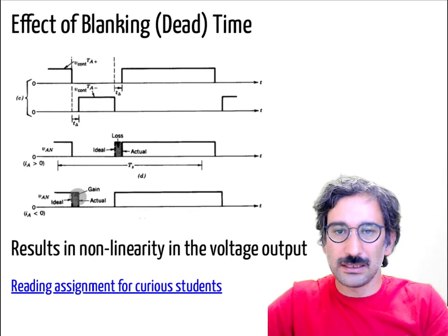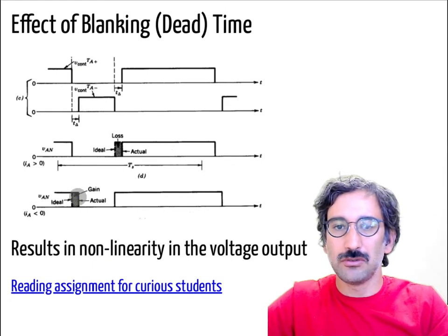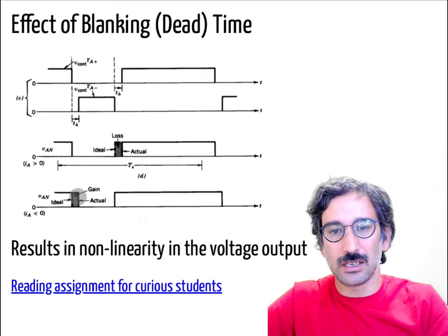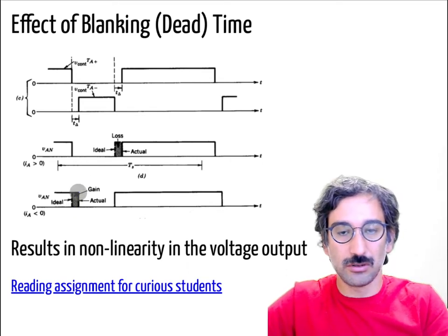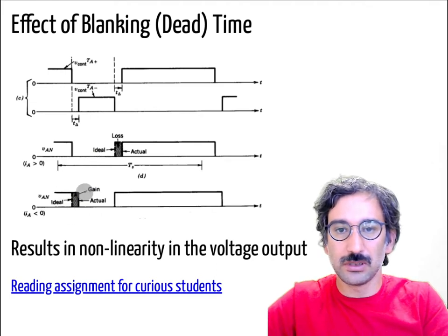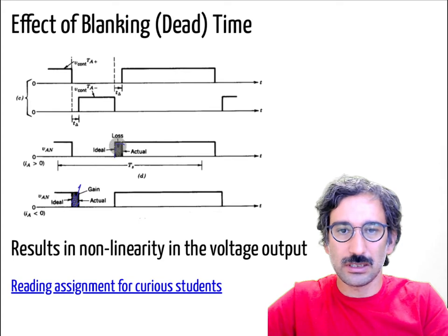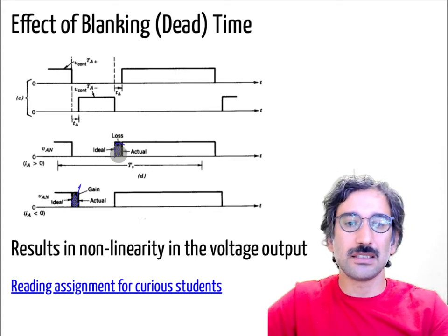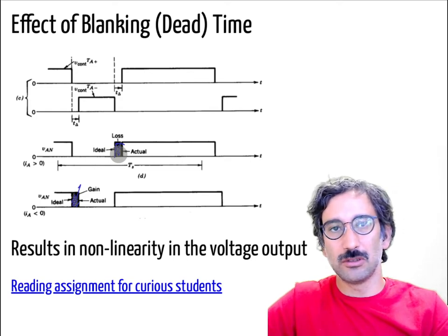However, that introduces some kind of loss. Instead of giving some positive voltage, we are giving zero voltage or negative voltage, depending on the PWM algorithm. In the ideal case that is what I would like to have, but I have some difference on both sides of that switching state. That results in nonlinearity in the voltage output.